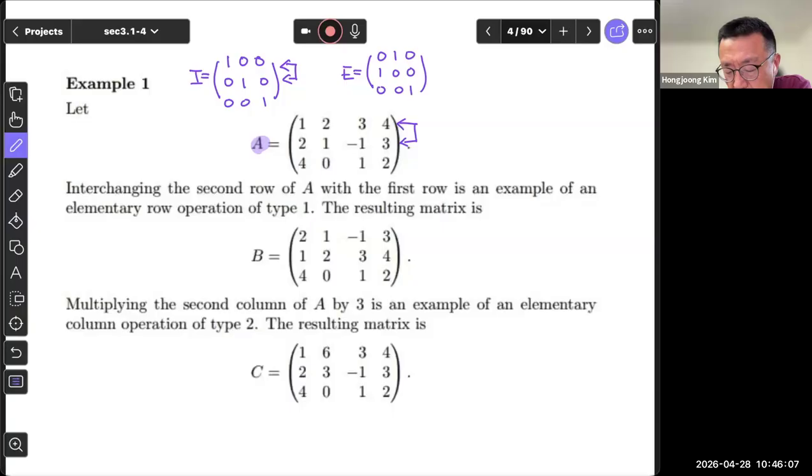Now please check that B can be obtained by multiplying this E to the A matrix.